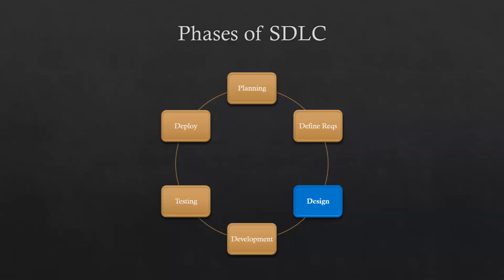Also in this phase, we determine what programming language will be the primary language used in the development phase. And then we also design the security flow of the system. This is a very critical stage in the SDLC process. If the design is not solid, then the entire development stage will be an utter failure.